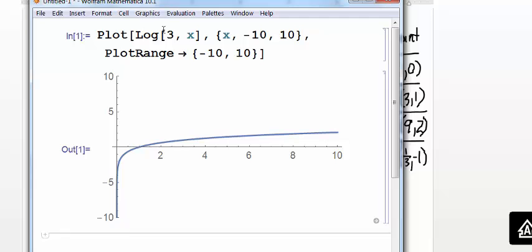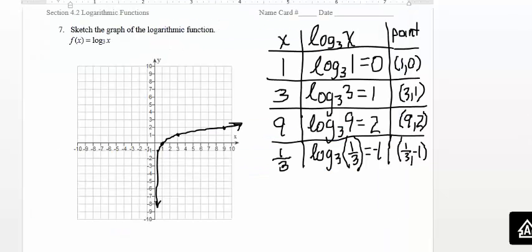And notice how that's exactly what we have sketched, and that's consistent with what we knew we would get. So when the base is bigger than 1, in this case my base was 3, and you're graphing the base b log of x and b is bigger than 1, then this is the type of picture you're going to see. Notice how, again, that's consistent with the graph that we drew.